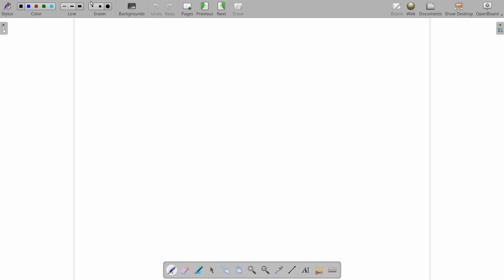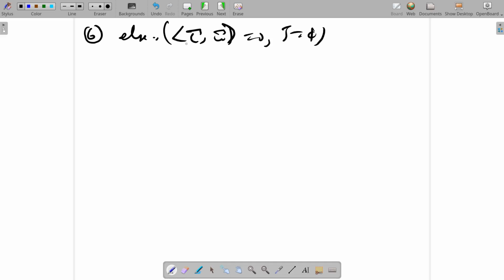All right, the last step, 6, is else. The final remaining case is C dot W equal to 0, J equals empty. That's the only remaining thing, so I don't really have to say else if, just else.